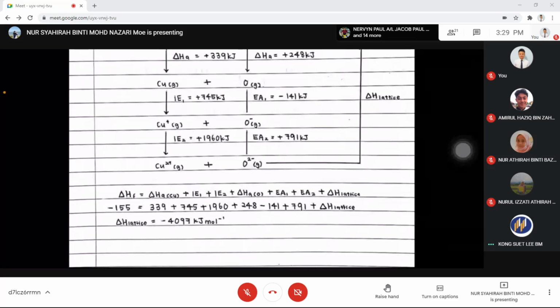Then substitute from the information given, and this will get the enthalpy of lattice energy is negative 4097 kilojoule per mole.